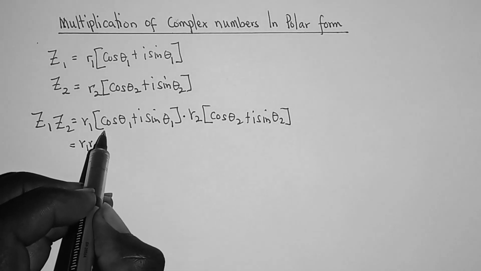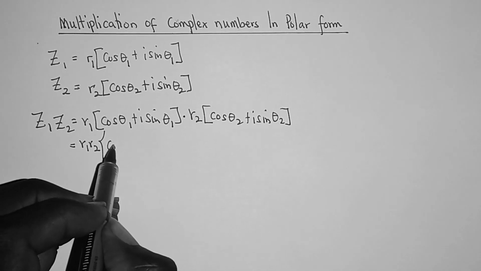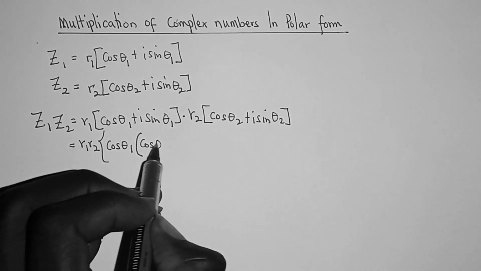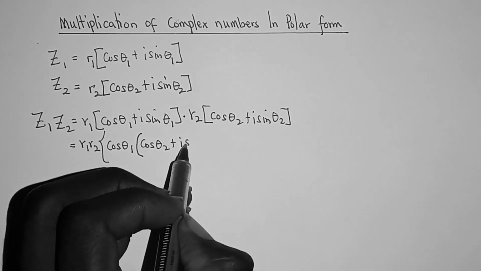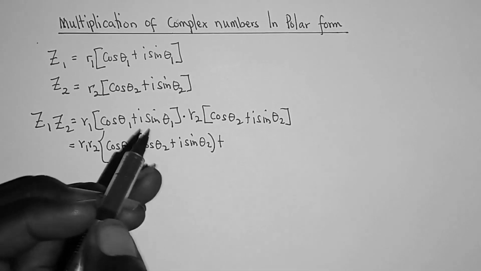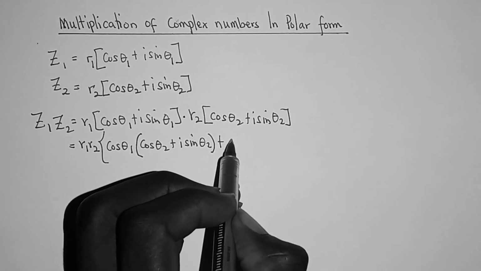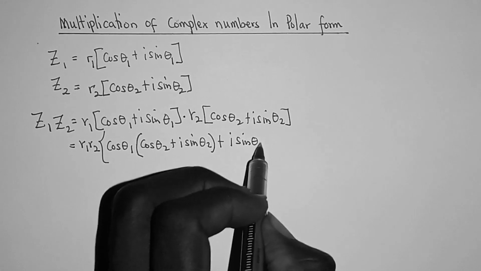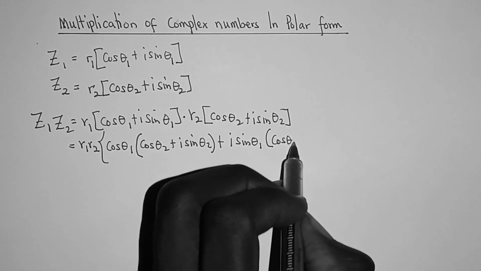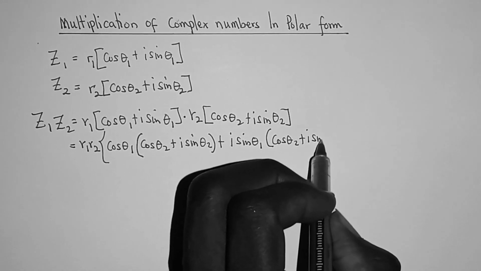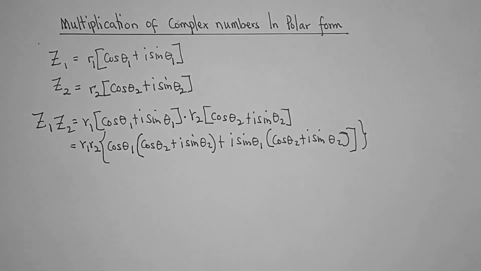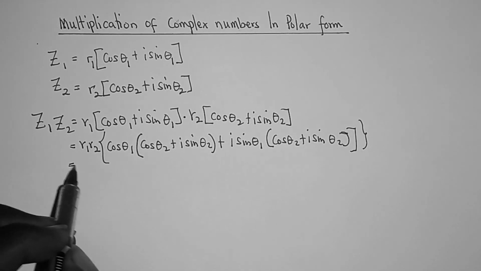So it becomes, let me use a big bracket, cos theta 1, then times cos theta 2 plus i sine theta 2, then plus i sine theta 1, then times into bracket cos theta 2 plus i sine theta 2. So let me close the big bracket.